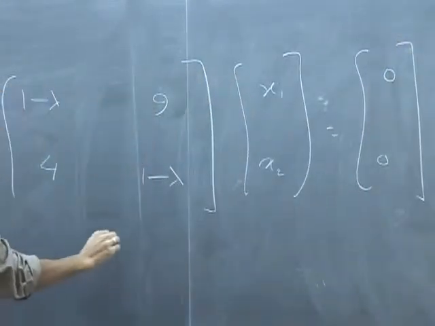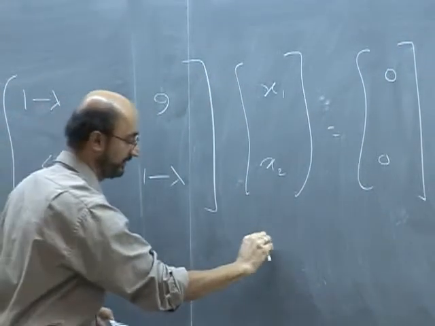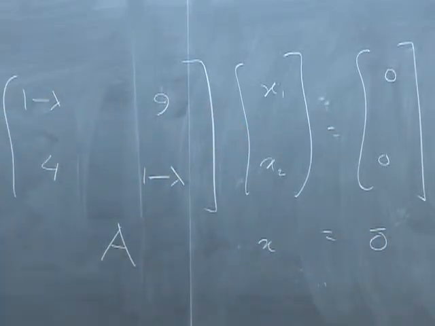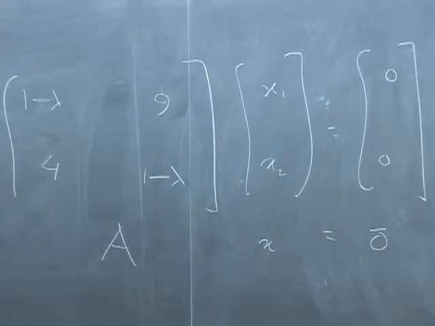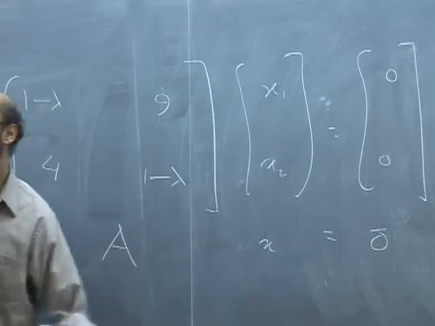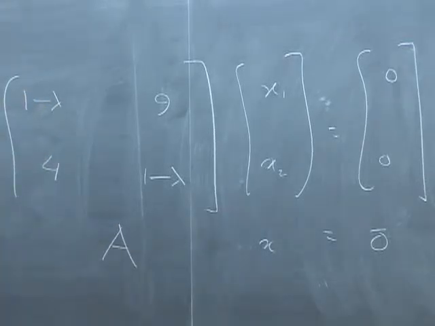Just to keep things simple, I call this matrix A, so A x equals 0. I haven't done anything complicated here. All I've done is expand out the definition of eigenvalue and eigenvector to come up with this system of equations. And we recognize that the right-hand side is 0, so we call this a homogeneous system of equations. That's just the name for it.